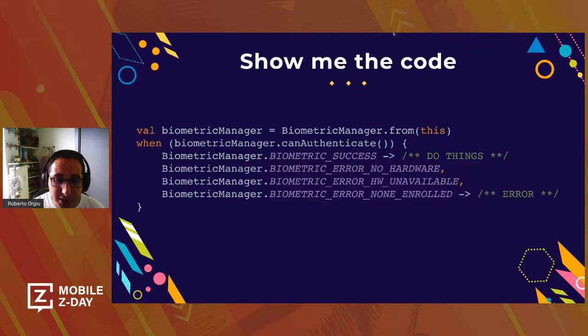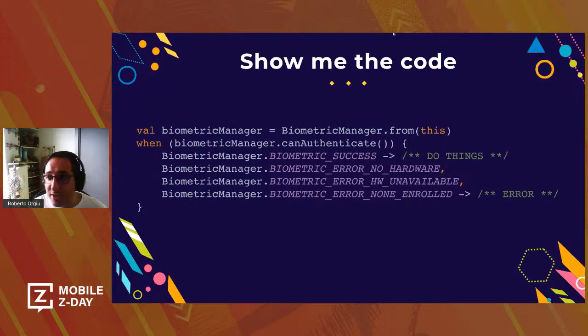The last value is the one that we can instruct our users the most. That is when there is no authentication registered to the device. So the user never registered their fingerprint and they never registered their face. So basically, they have to do that if we want them to use the biometric authentication in our app.